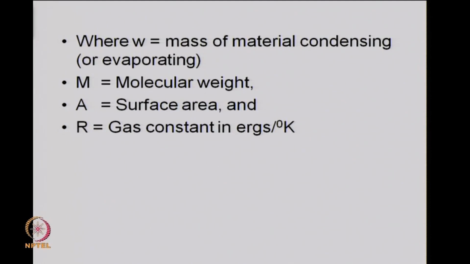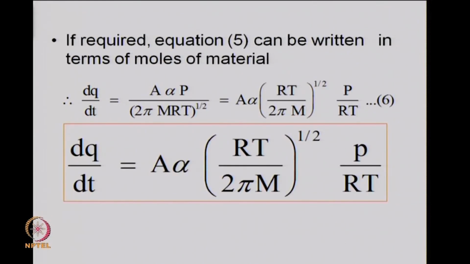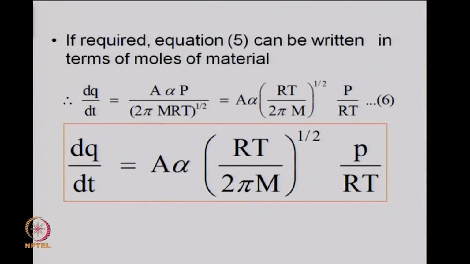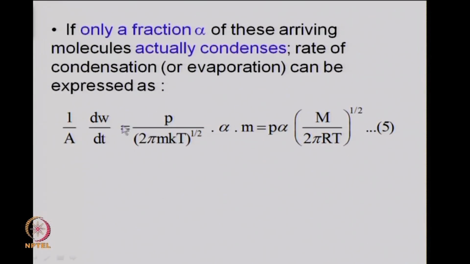So, there we have the gas constant in ergs per Kelvin, and other units are CGS units. We could write it in terms of number of moles if required, and from here we could write this as dq by dt is equal to A alpha P by 2 pi mRT under root. All you need to do is divide through by capital M, right.